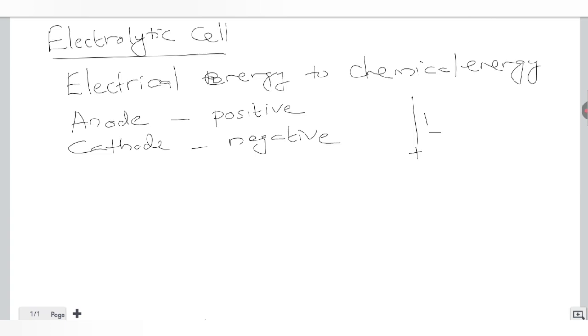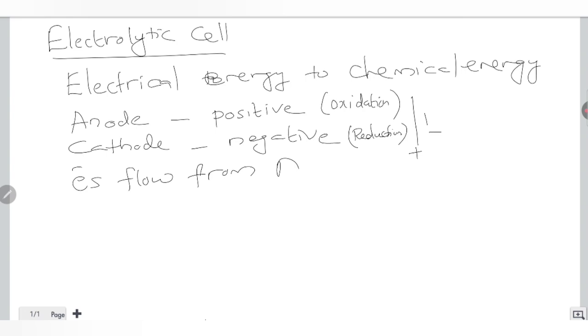And always at the anode, the reaction taking place is oxidation, and at the cathode it is always reduction. Electrons always flow from anode to cathode. There is no change in that.